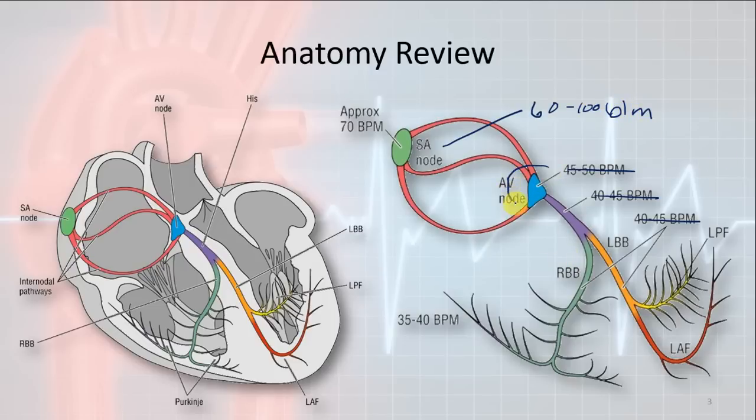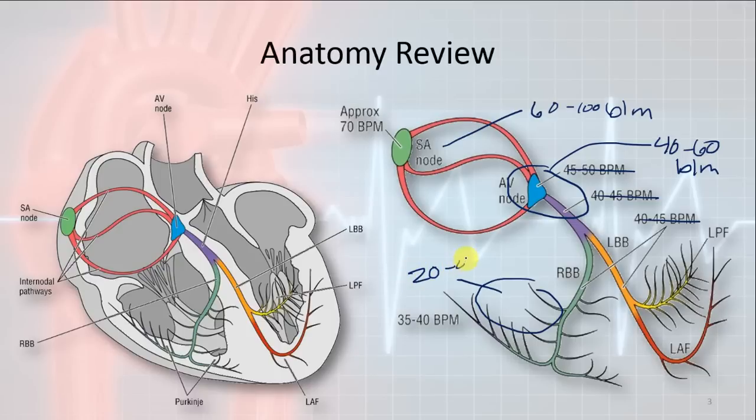The AV junction, which is the His bundle and the AV node, has an intrinsic rate of 40 to 60 beats per minute. And then the Purkinje network are all these little fibers that you see down here. The Purkinje network is 20 to 40 beats per minute with their intrinsic rate.